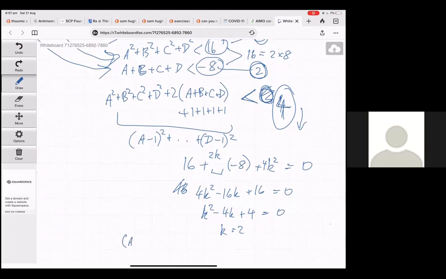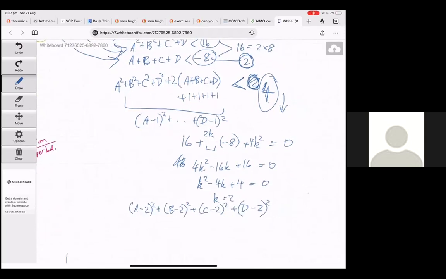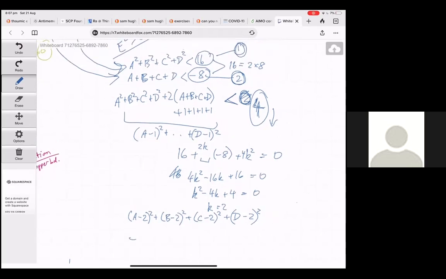Let's try and do a minus 2 squared plus b minus 2 squared plus c minus 2 squared plus d minus 2 squared. So this is going to be equal to, well, not equal, but if I want to use my equations 1 and 2, okay, no, let's do the equality first.